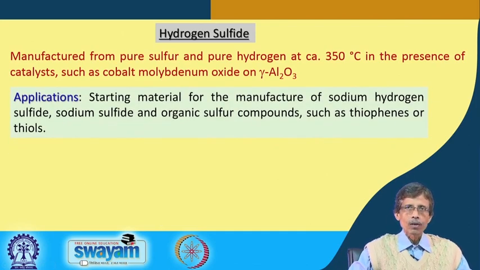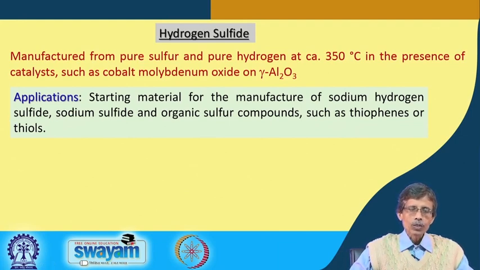This hydrogen sulphide can be very useful, because we will see how we can make other sulphide salts. The most important one is sodium sulphide, which has huge applications. H2S can be a starting material for the manufacture of sodium hydrogen sulphide, NaHS.